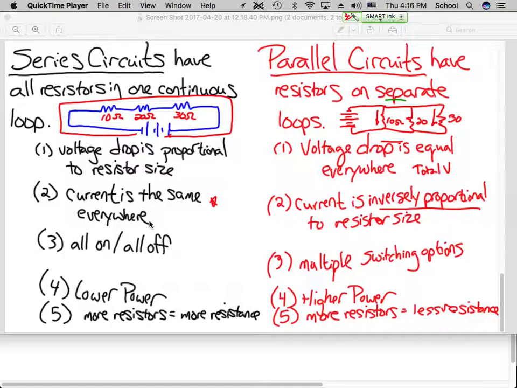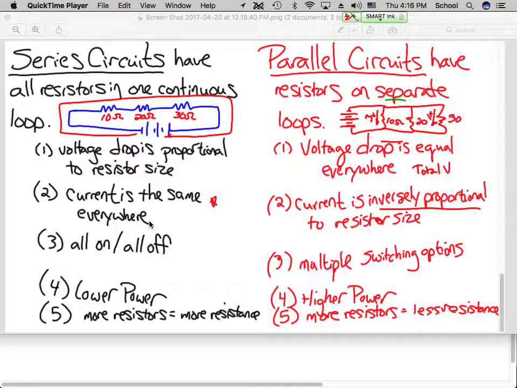So we're going to have 3 times more current going through here than we do going through this one. The 20 would have 1/2 as much as the 10, because it's inversely proportional. So the current's going to be less in the big resistor, more in the small resistor. That's pretty common sense.